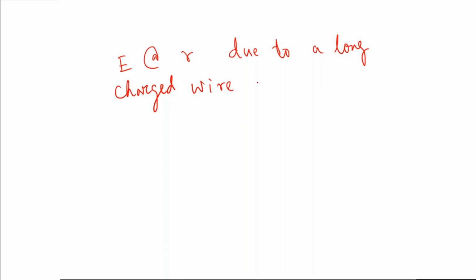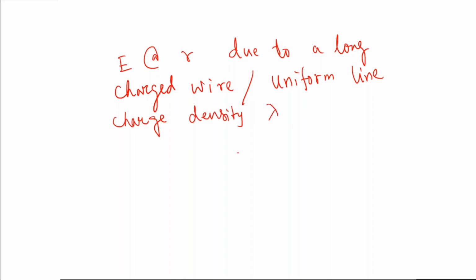Look in your textbook and you will see. I'll also show you. If this has uniform positive charge density lambda and is infinitely long, it can go to infinity on both sides. So by symmetry, physics always goes with symmetry.